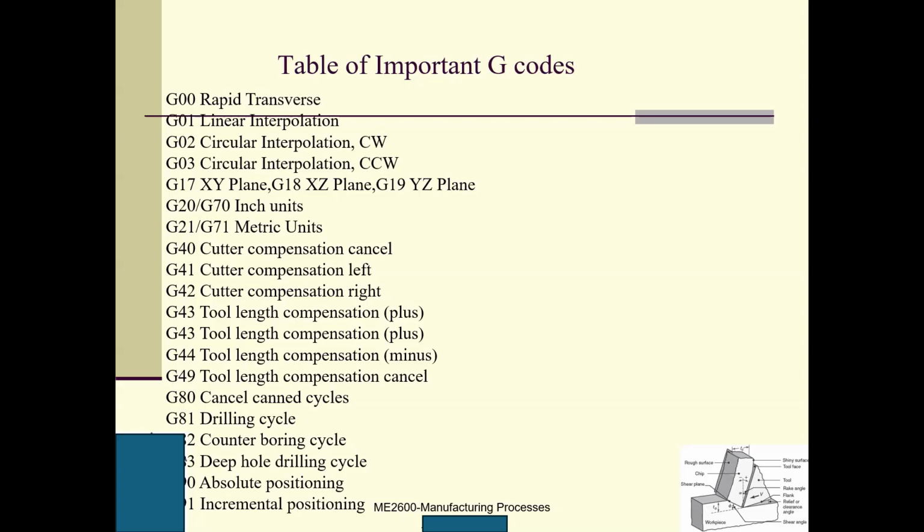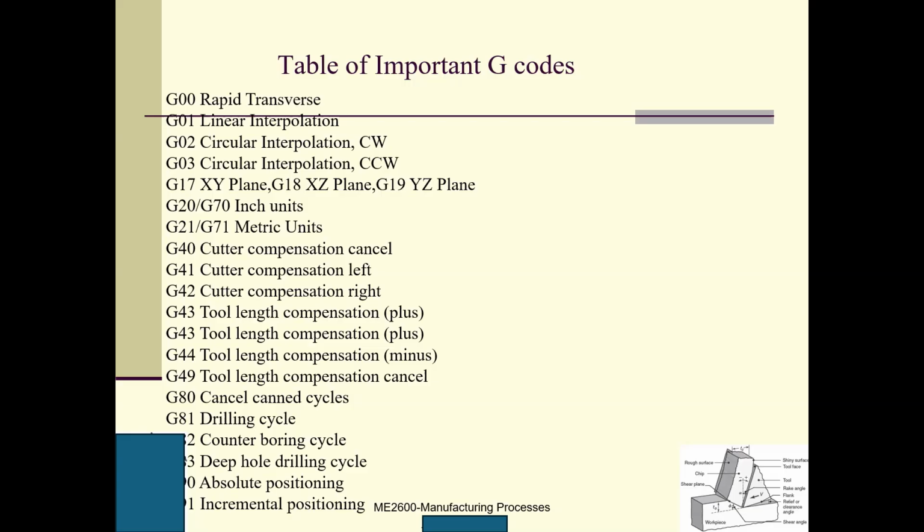Then offset, or compensation offset: T43 is tool length compensation, plus. T44 is tool length compensation, minus. T49, tool length compensation cancelled. You can specify compensation, and you can use T49 to cancel the compensation.